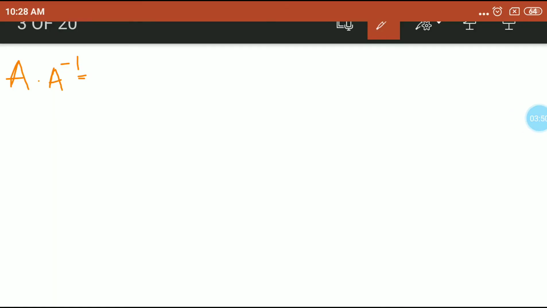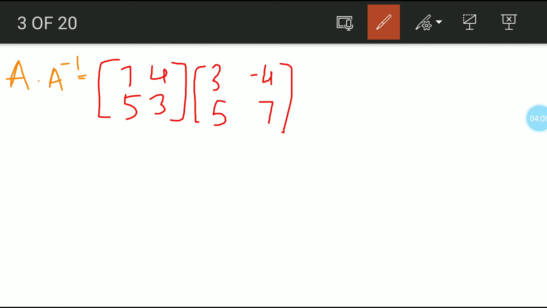Now A into A inverse. What is A? It's given in the data itself: [7, 4; 5, 3] into A inverse, which is [3, minus 4; minus 5, 7]. Now we have to multiply. I already explained this matrix multiplication in the very early previous videos. If you haven't checked, you have to check that, then only it's going to be useful for you.